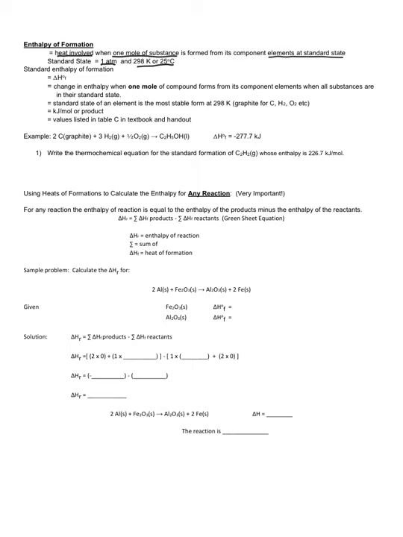The elements that are black, for those of you that have seen that periodic table, that means in standard conditions they are solids. If it's blue, they're liquids, and if they're red, they're gases. Okay? So, looking down here, the key thing with standard states of enthalpy is the standard state of an element is what state of matter it exists in.